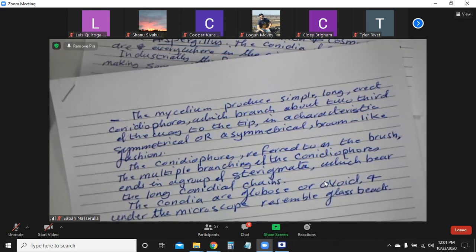And of course, as I mentioned, the bluish color, or sometimes in some species yellow, shows up as a result of the color of the conidia.